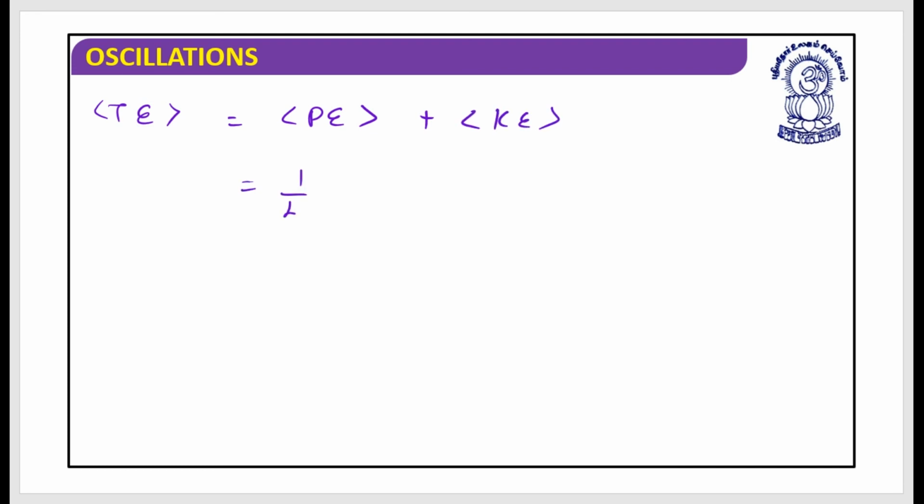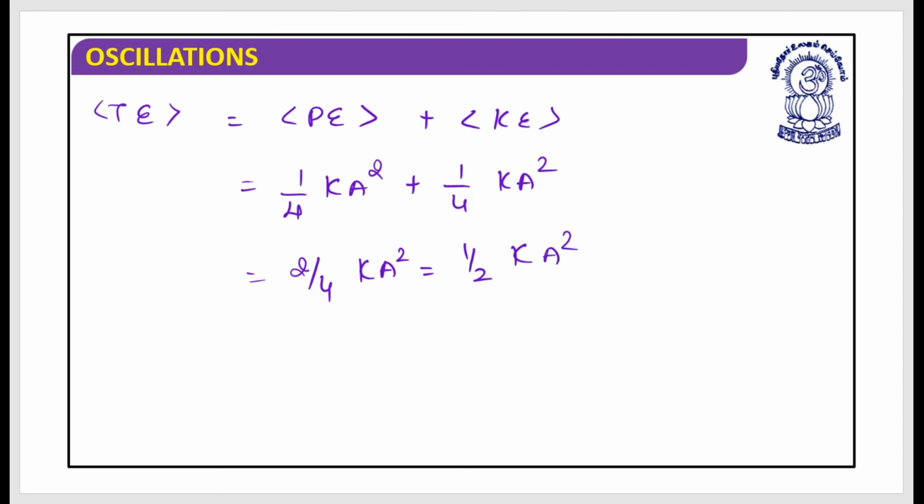This is 1/4 k a square plus 1/4 k a square. This 1/4 plus 1/4 is 2/4 k a square, and that stands to half k a square. Yes, this never changes. And that's why it is 1/2 into k into a square.